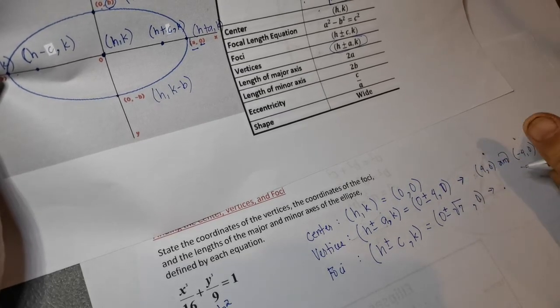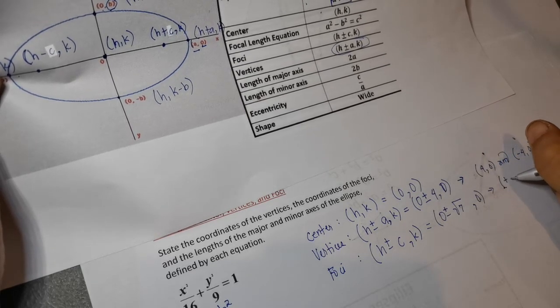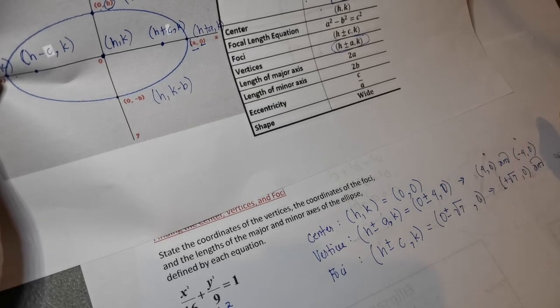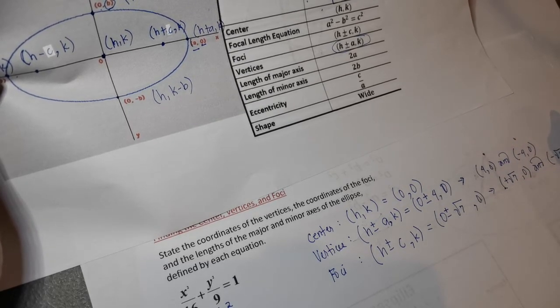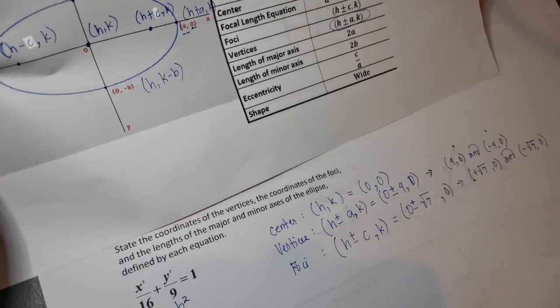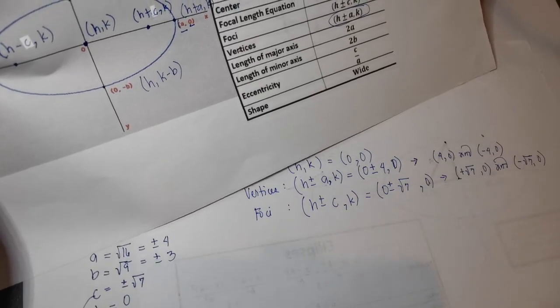Therefore, our foci are at positive square root of 7 and 0 and negative square root of 7 and 0. As simple and as easy as that. Okay? Let us proceed.